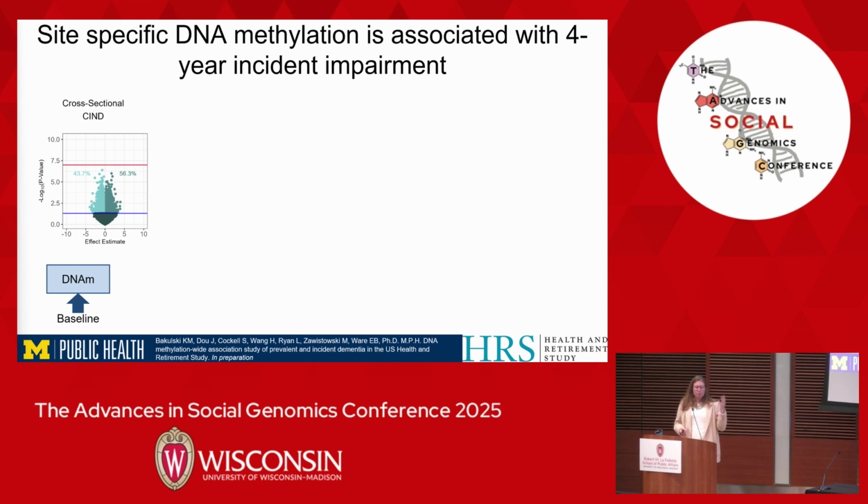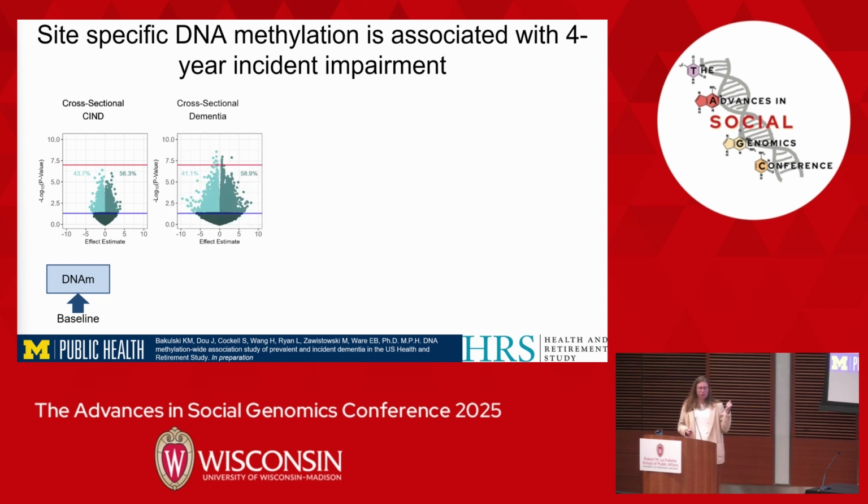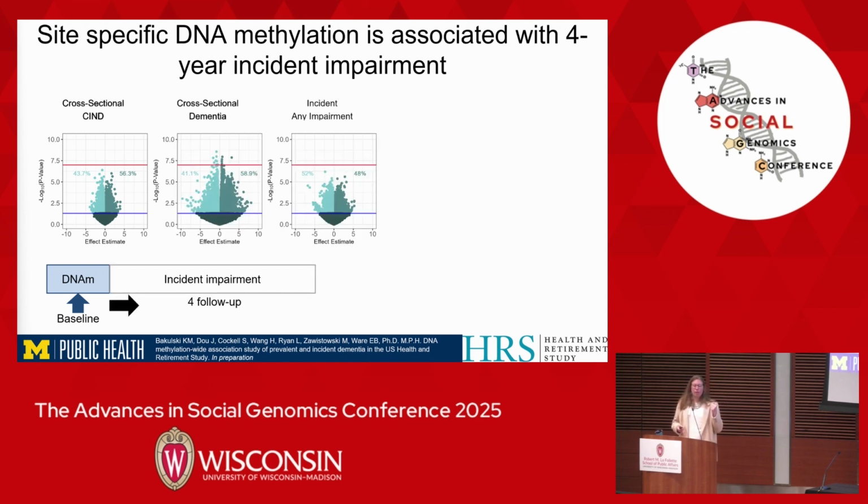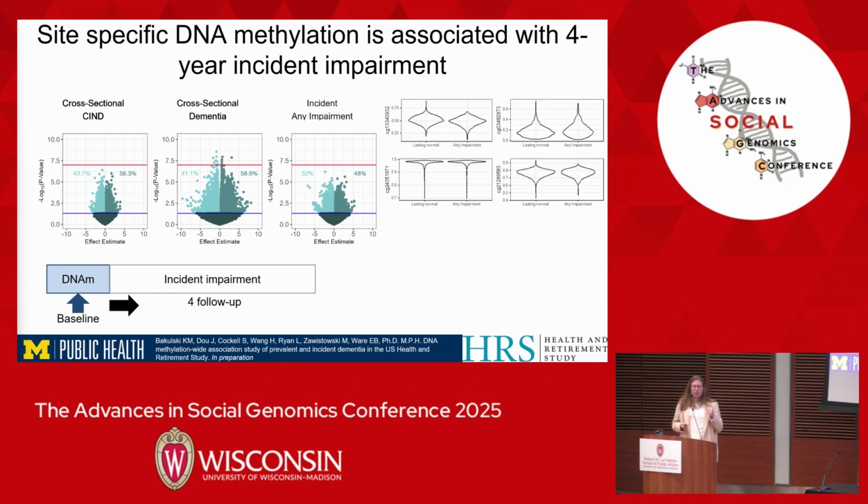So we performed an epigenome-wide association study looking at cross-sectional association with impairment, cross-sectional dementia, and then over time we had to combine together any impairment and any dementia with the incident analysis just due to case count. And we were able to see that there are some individual sites that have relatively small effect sizes. We're talking about on the order of magnitude between 3 and 10% methylation differences between these groups.